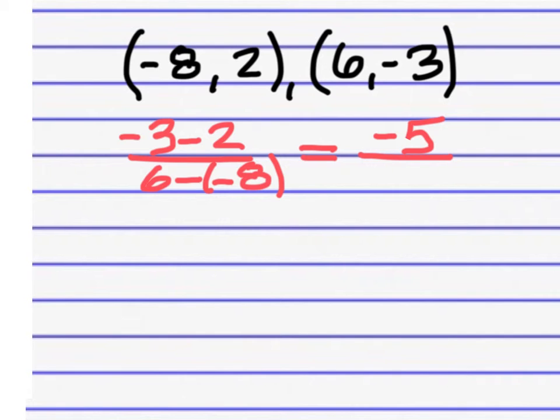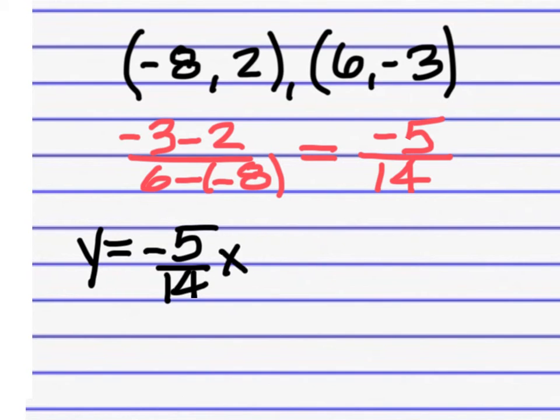Okay, there we go. So now 6 minus a negative 8 is 14. So you should have negative 5 over 14 for the slope, which means you'll have y equals negative 5 over 14x plus b. Plug in this first point.